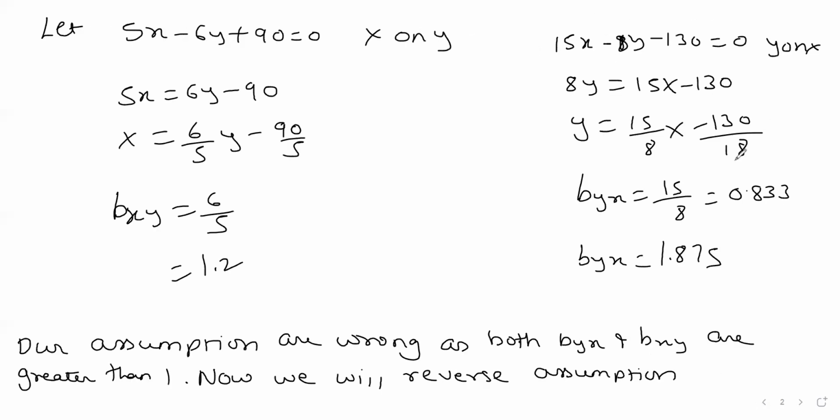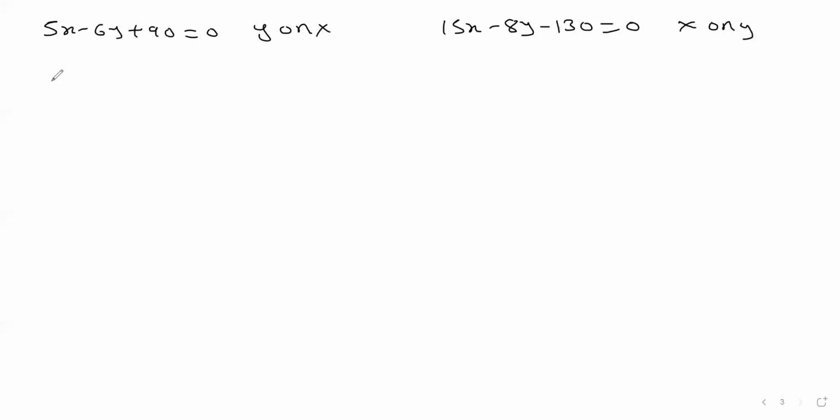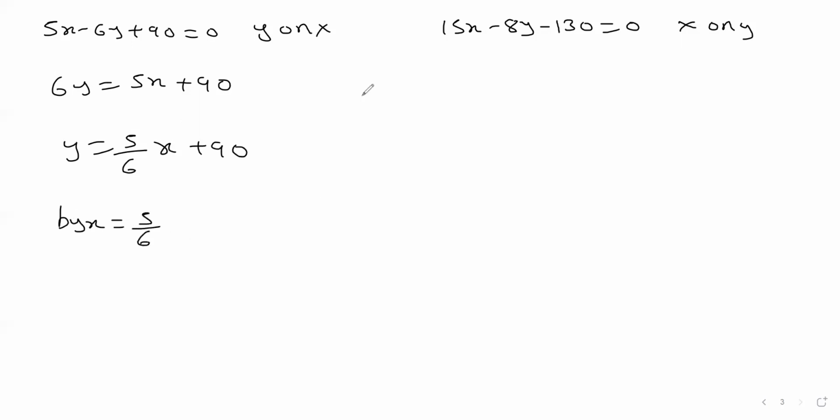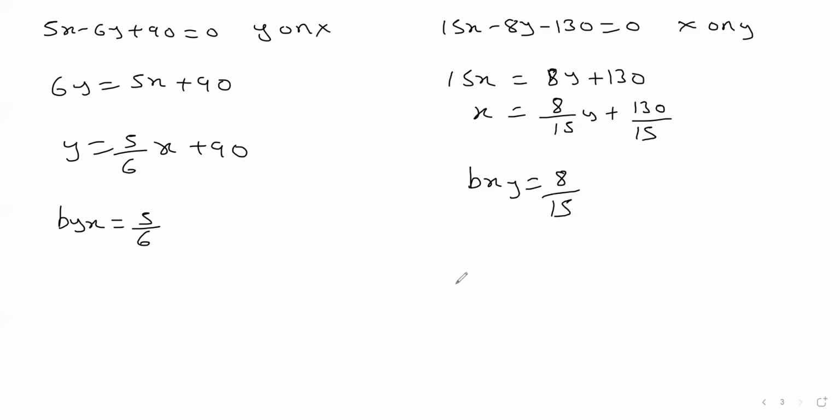So we will do exactly the opposite of what we assumed. If this is y on x, then 6y = 5x + 90, so y = 5/6 x + 90/6. So byx is 5/6. And this becomes 15x = 8y + 130, so x = 8/15 y + 130/15. So bxy is 8/15. So both are positive and both are less than 1.